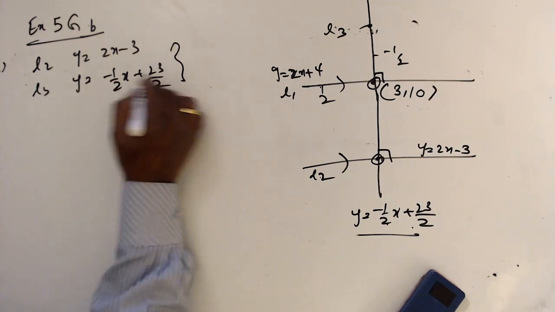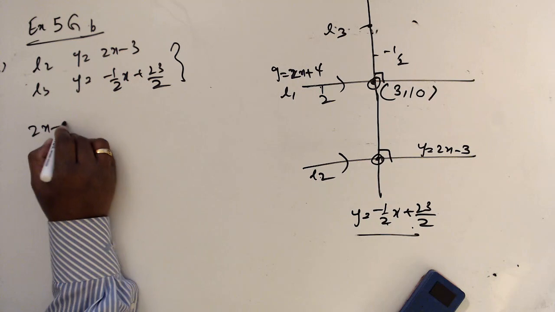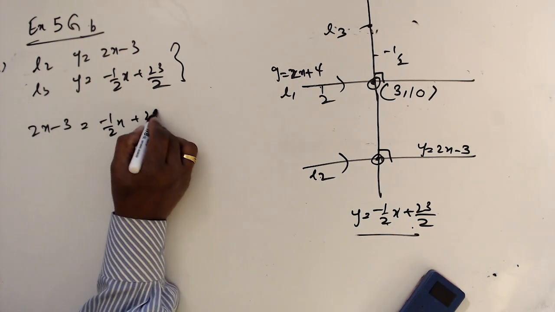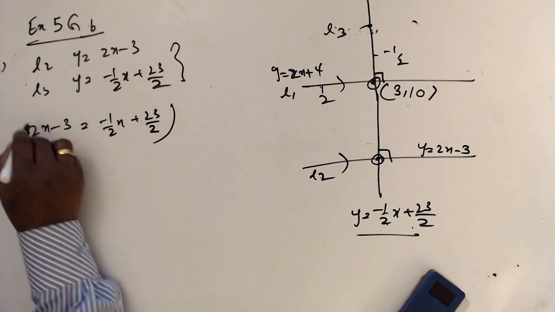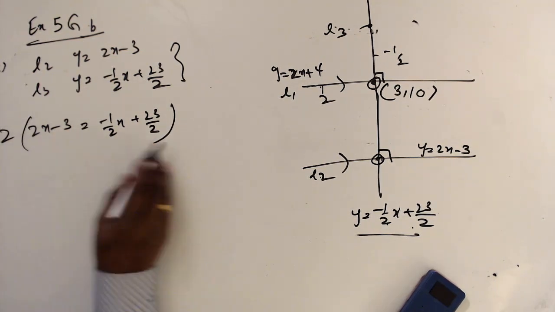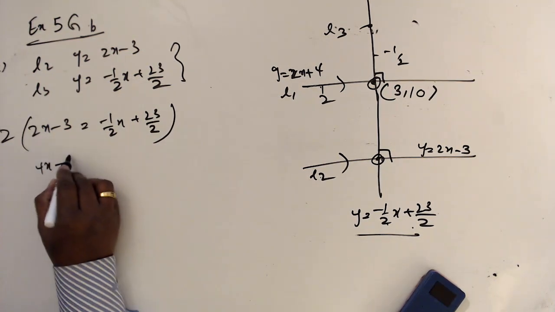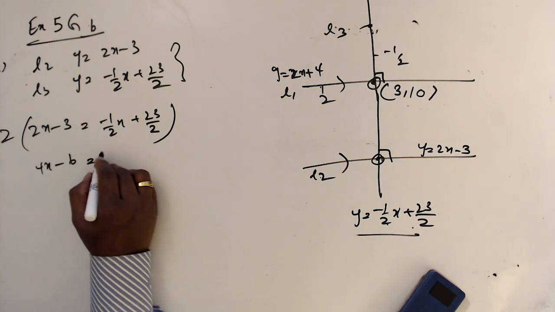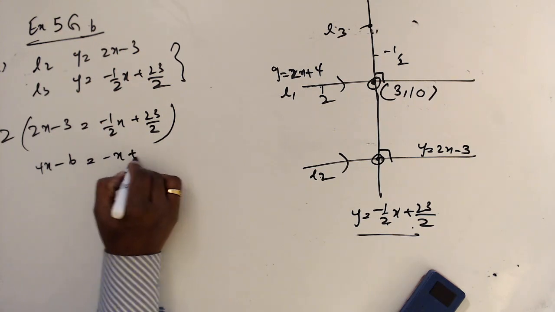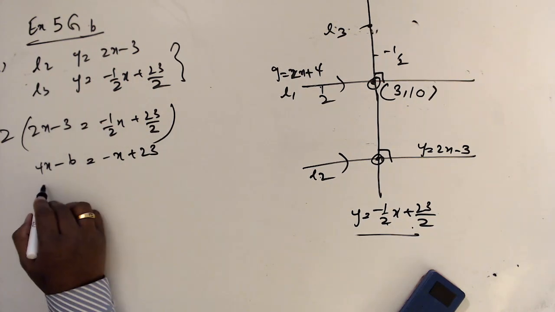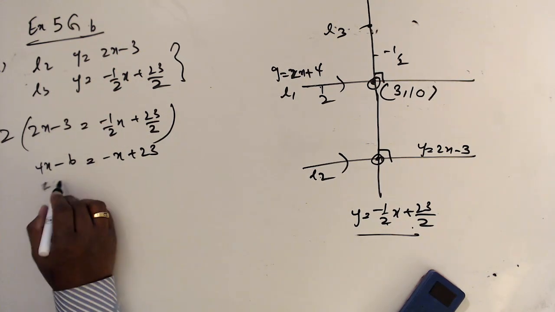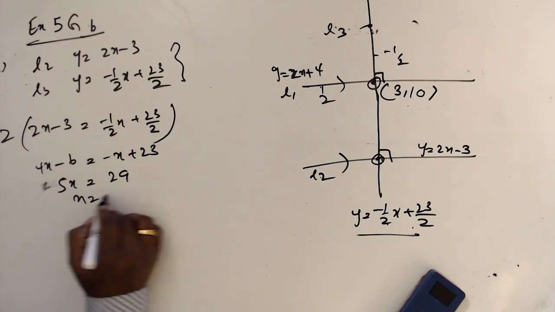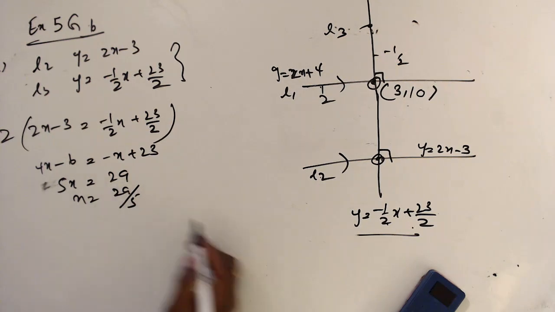So I'll make them equal. I multiply the whole equation by 2. This is going to be 4x minus 6, plus 23. These two are cancelled out. So 5x equal 29. X equal 29 over 5.